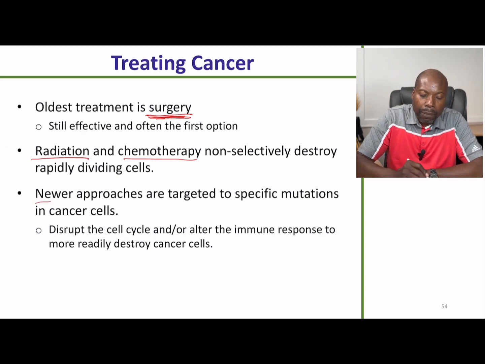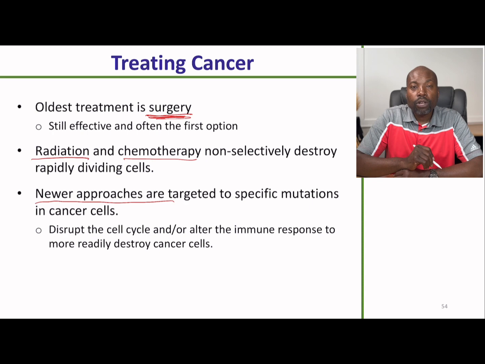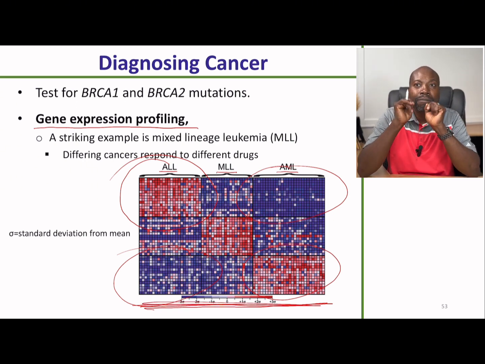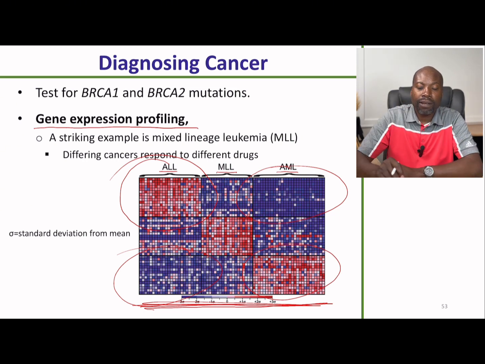So the newer approaches are going to try to specifically target the mutated genes. So that, by going back here, by looking at the pattern of gene expression in a cancer cell, we can actually say, okay, well, let's specifically target this particular gene.